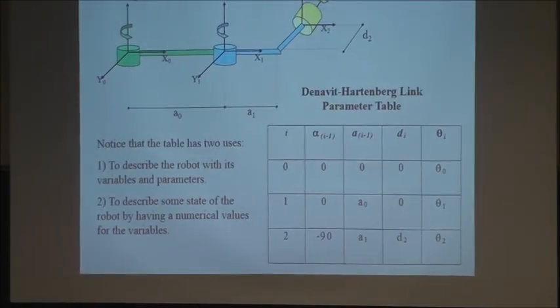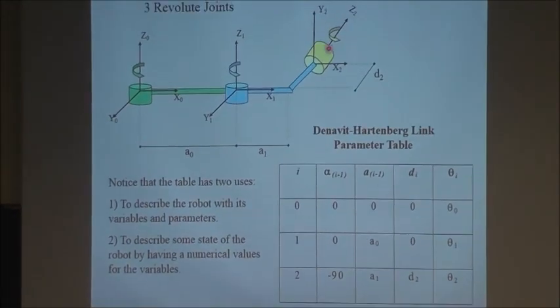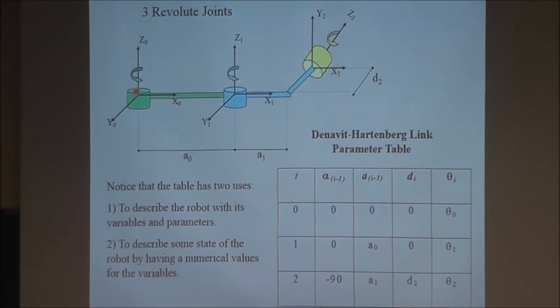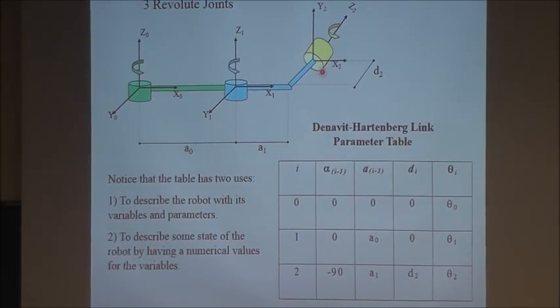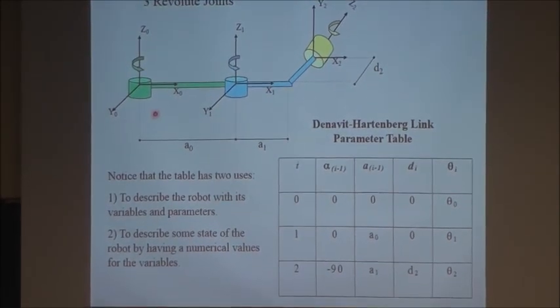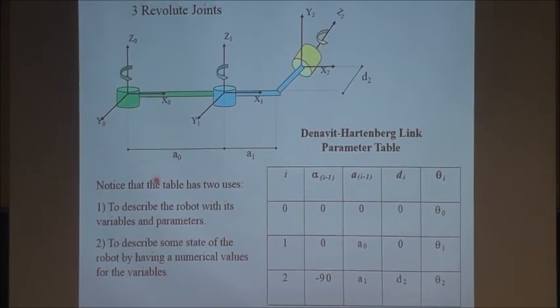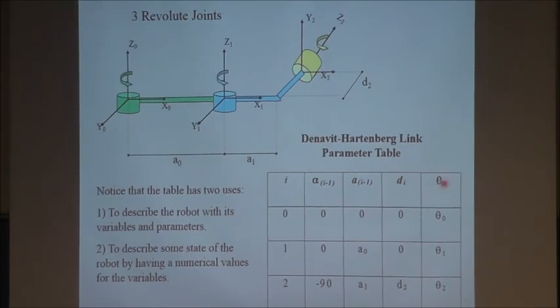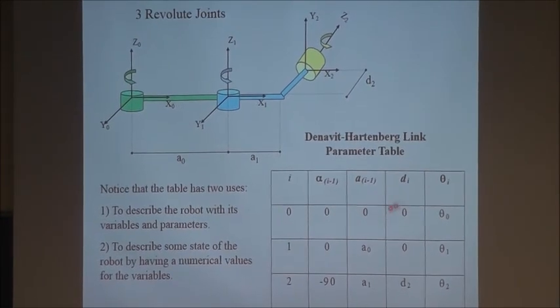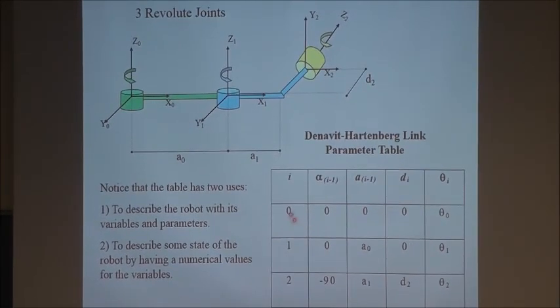Here's the 3 revolute joint. You have 3 rotational joints, Z0, Z1, and Z2, or I should say X0, Y0, and Z0, and so forth. These are the 4 DH parameters. For the first joint, the base of the robot, you have 0, 0, 0, and theta 0.